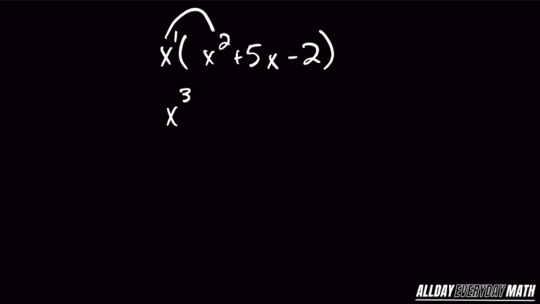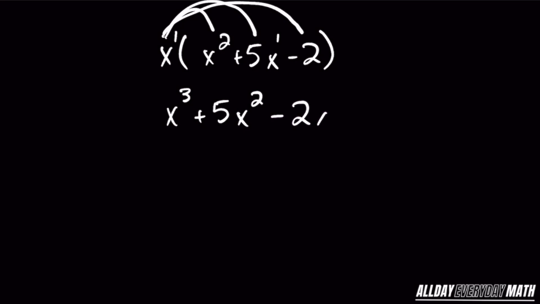Next, we're going to do x times 5x. So this time we're going to have plus 5x squared, okay? Because we really have a 1 right there. All right, and then lastly, we're going to do x times negative 2. And so that is just going to be minus or negative 2x.